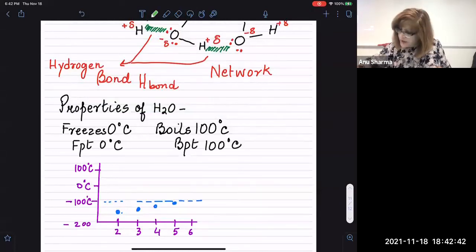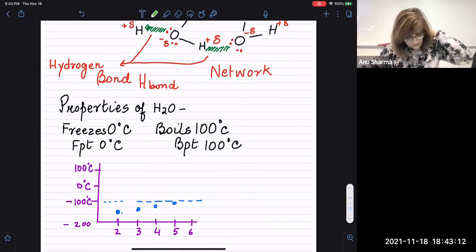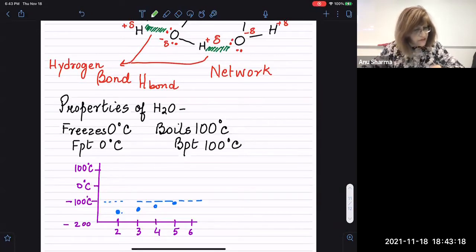In the periodic table, you have in the second period, carbon, silicon, and then sulfur, selenium, tellurium.